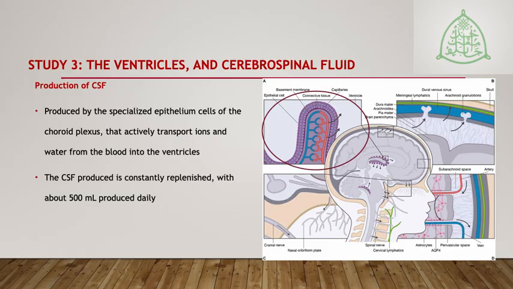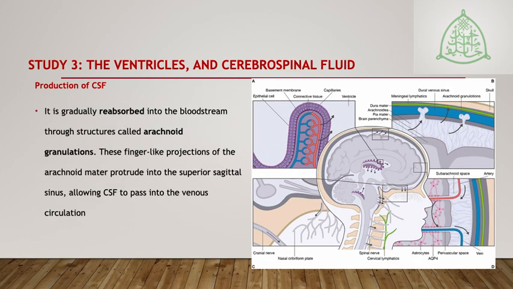spaces. So like we said, production of cerebrospinal fluid is important, and on a daily basis about 500 mLs of cerebrospinal fluid is produced, and it gets reabsorbed back into the bloodstream via arachnoid granulation, or villi, and then goes mostly into the superior sagittal sinus, which is the sinus found on the most superior and midline parts of the brain, and then gradually drains into the sigmoid sinus, and from the sigmoid sinus into the internal jugular vein, and there it goes into the superior vena cava and then the right atrium.